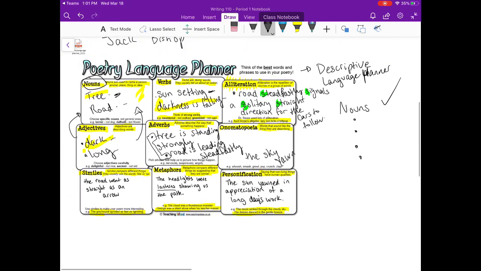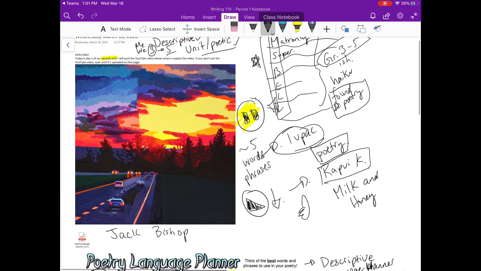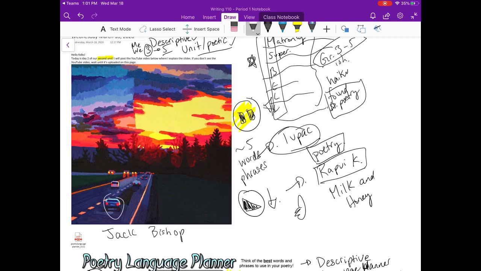Now, before when I was looking at this, if I were to describe this, I'd be like, oh, there's some cars, they're driving on a road, the road is straight, the sun is setting, there's some really pretty vibrant colors, there's lots of trees, the trees are dark, there's this empty space, people are driving in this direction, it's very beautiful.